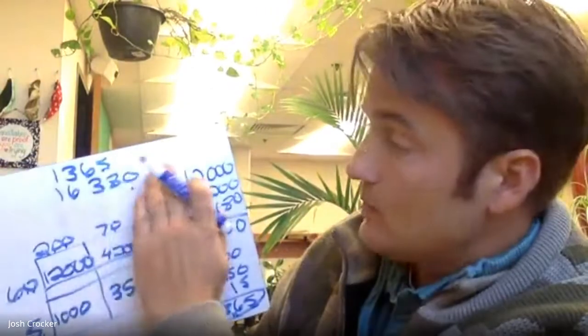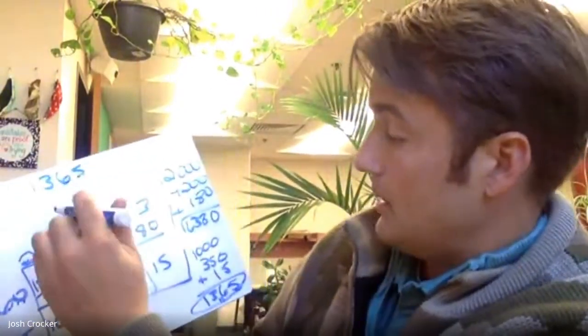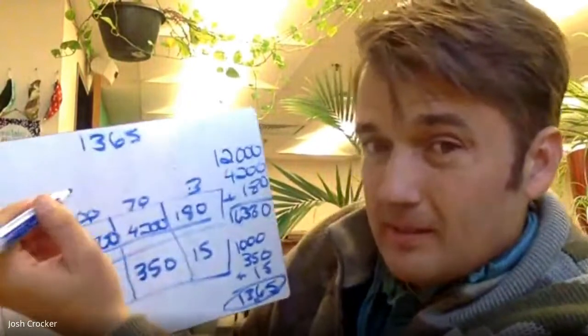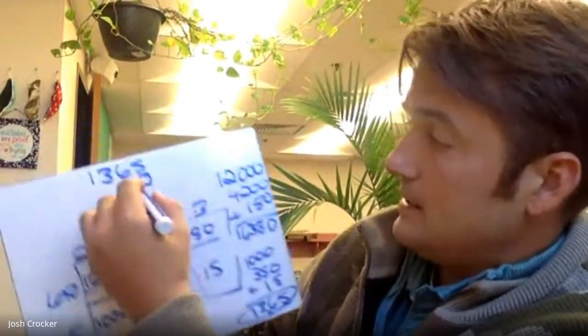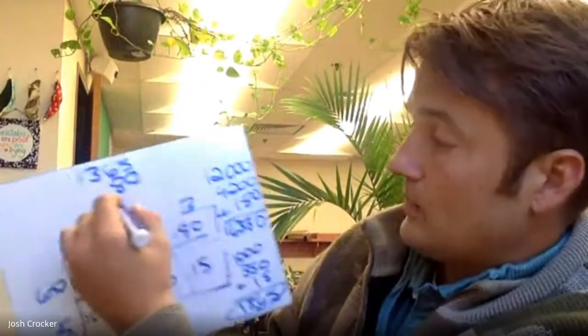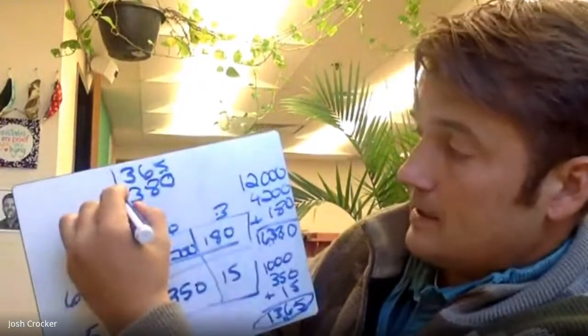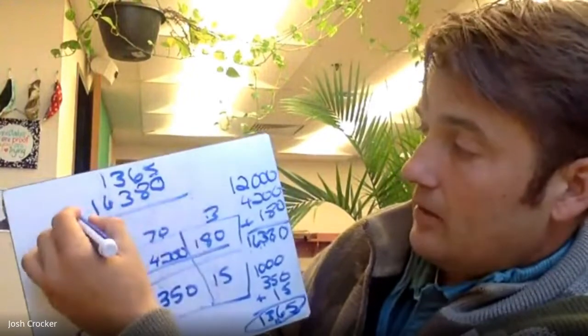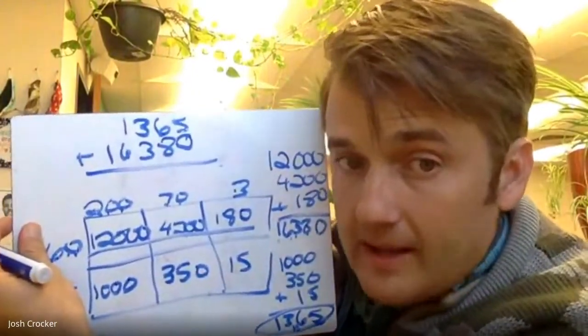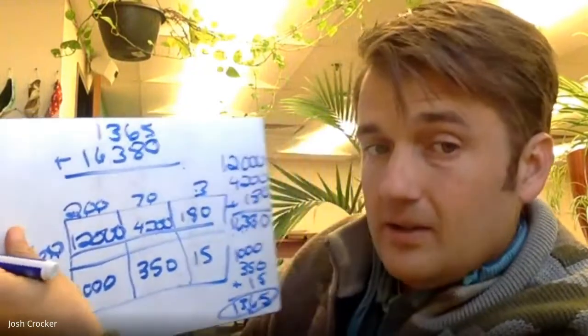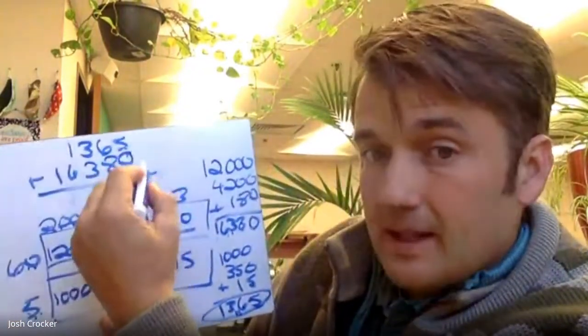You always want to add same place value. So what I'm going to do is write the number backwards. It's got a 0 in the ones, it's got an 8 in the tens, it's got a 3 in the hundreds, and then a 6 and a 1. And now in my addition problem, I'm adding ones to ones, I'm adding tens to tens. You just always stack the numbers on this side.